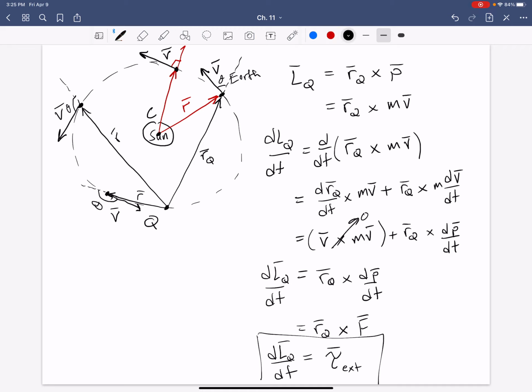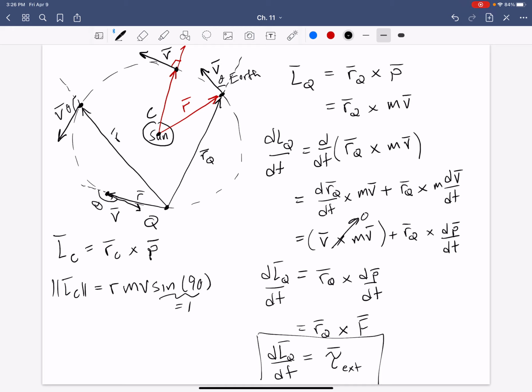So now, the angular momentum as measured from point C at the center is this, right? It's the same as above, but the angle does not change now. And so what we have as far as the magnitude goes is simply r, the radius of the orbit, times mv and sine of 90, which is 1.